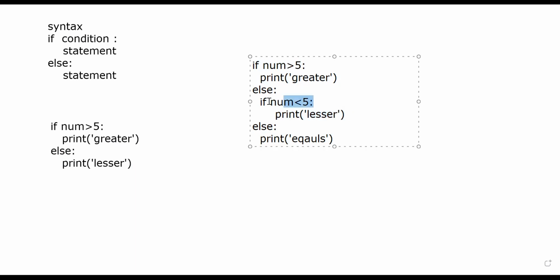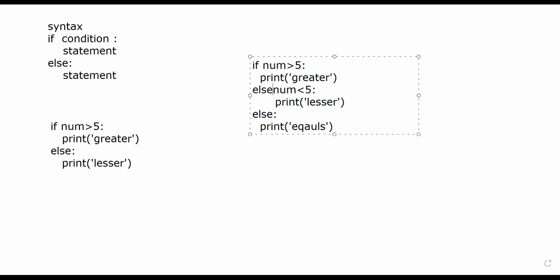If this statement is also false, then ultimately the else statement will run. But for writing if and else together, we can write it as elif. How can we write it?